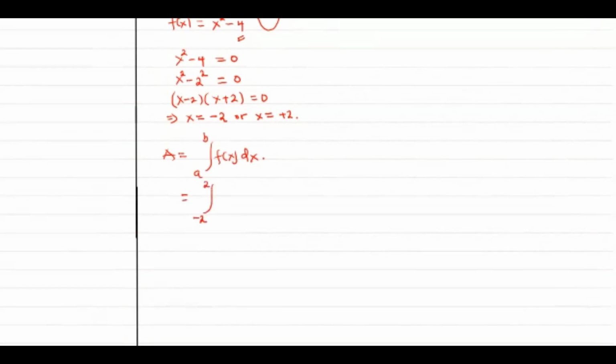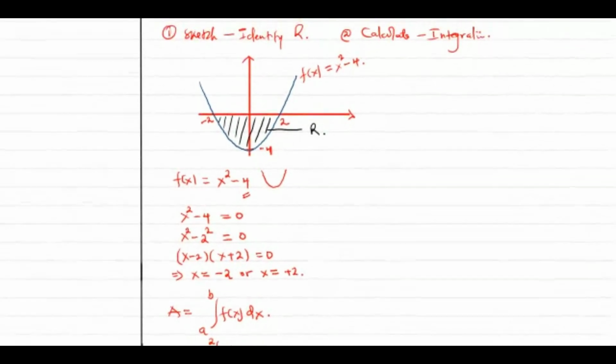F of x is x squared minus 4, and that is with respect to x. Now let's go back to the curve. Look at the region R. You realize that that region is below the x-axis, and inevitably this is going to give us negative area.